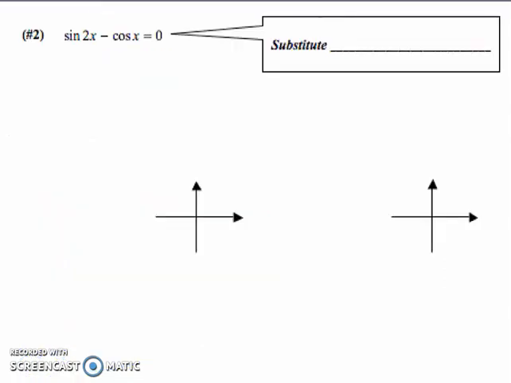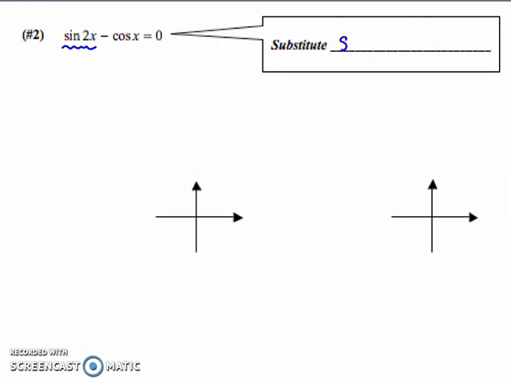In our next example, we have sine and cosine again, but this time we don't have a squared term, so using a Pythagorean substitution is not going to help us. However, we do have this sine 2x term, for which we could possibly use a double angle formula.